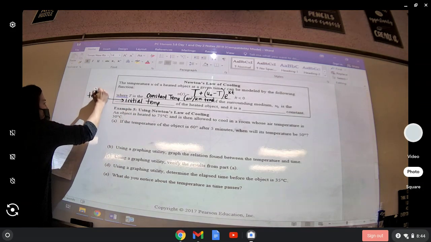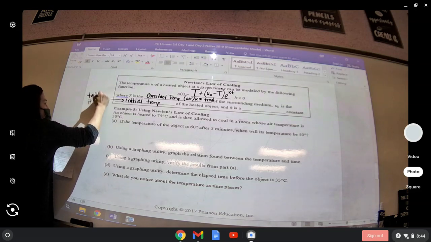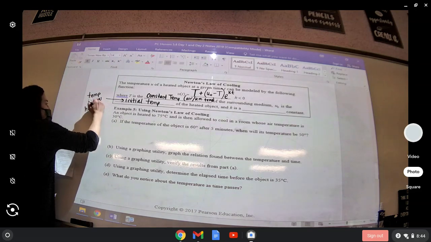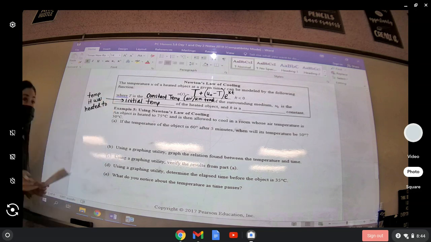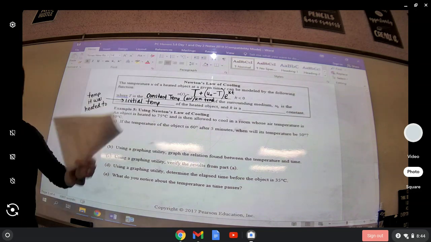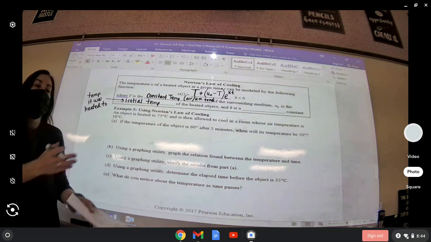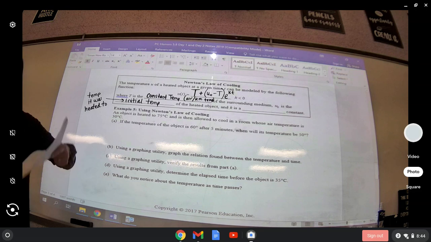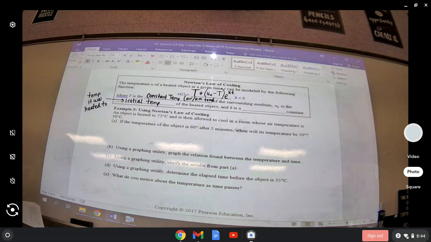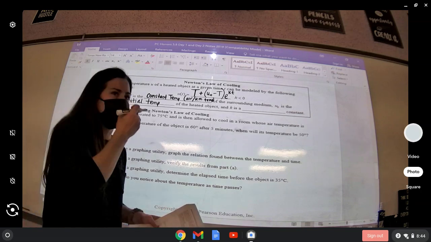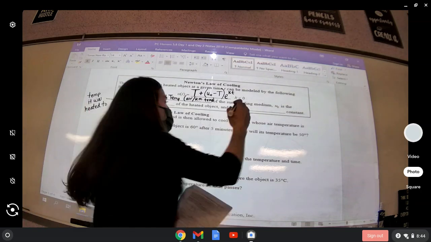It's the temp it was heated to. So if they heat the object to 100 degrees, and then they let it cool in a room that was 50 degrees, U sub 0 is 100, capital T is 50. And K is the negative constant, and it represents your cooling rate.